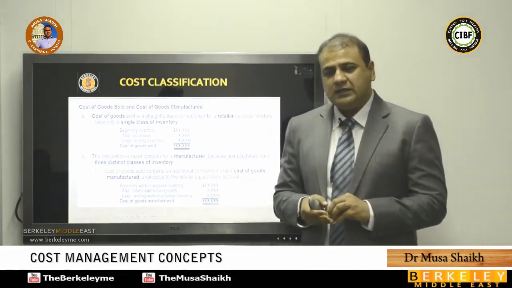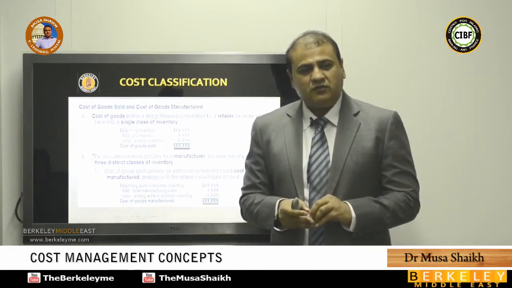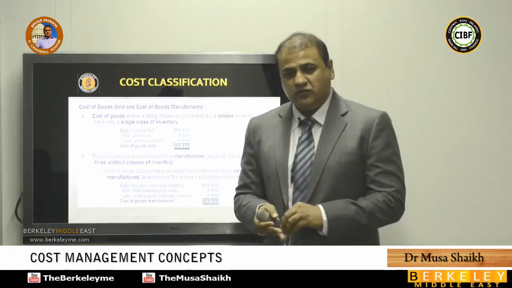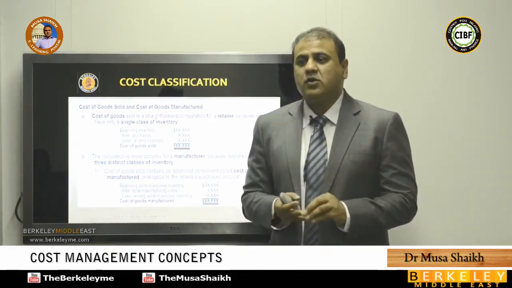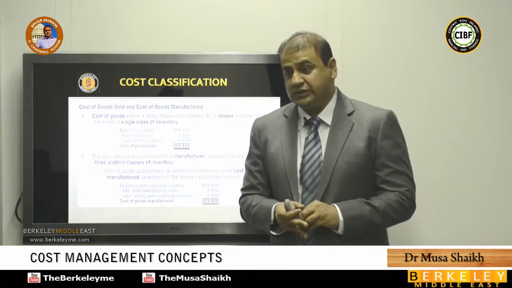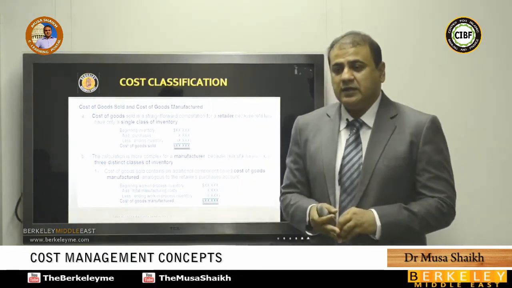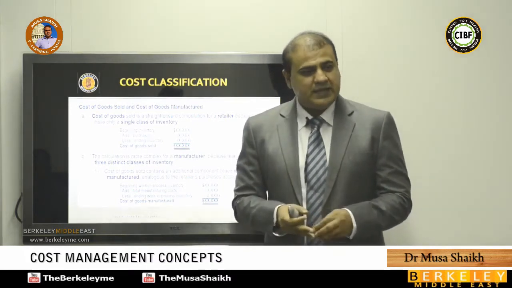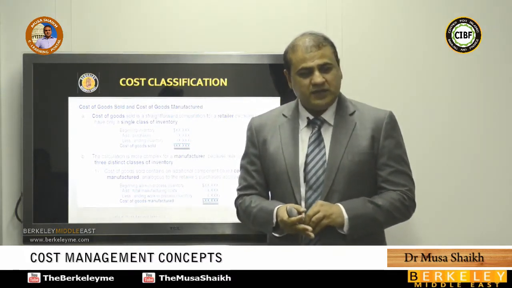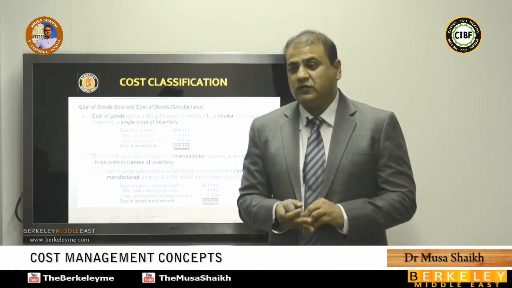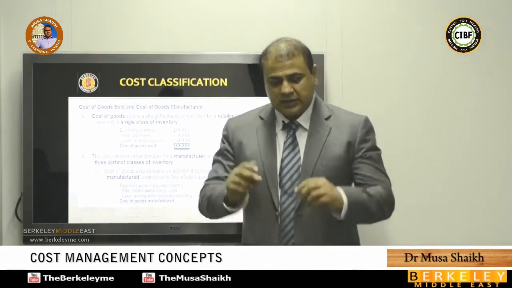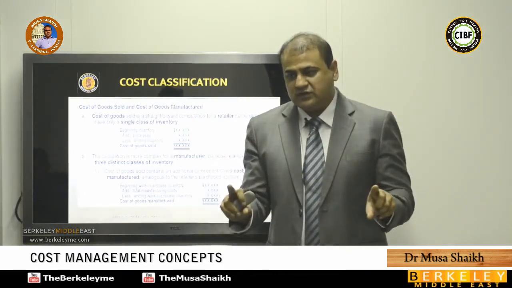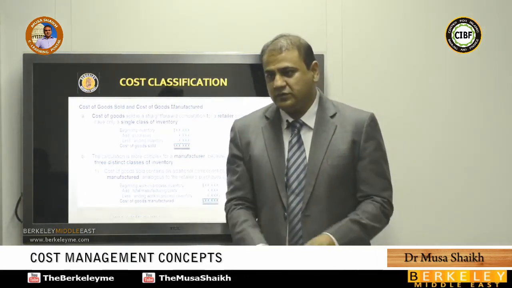If you add the opening balance of work in progress to the manufacturing cost and subtract the carried down work in progress, you get cost of goods manufactured. If you add the beginning inventory of finished goods and subtract the carried down finished goods, you will get cost of goods sold, right? So this calculation has manufacturing cost, cost of goods manufactured, and then cost of goods sold.